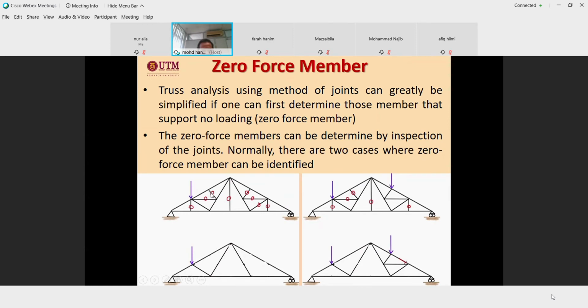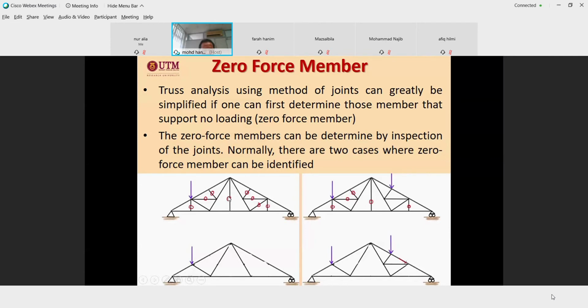When it is zero, then you have only one member left here. Similar to this one: three members meeting at a joint where two members are collinear and there is no external force.